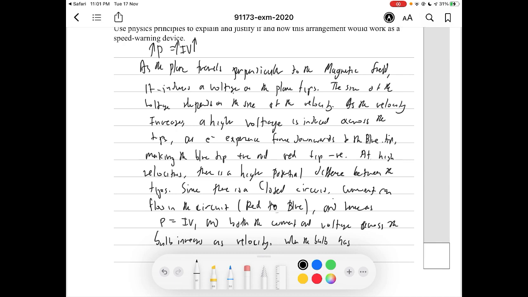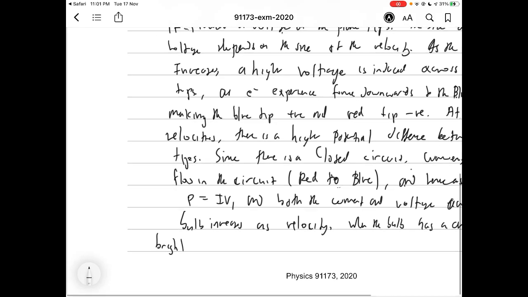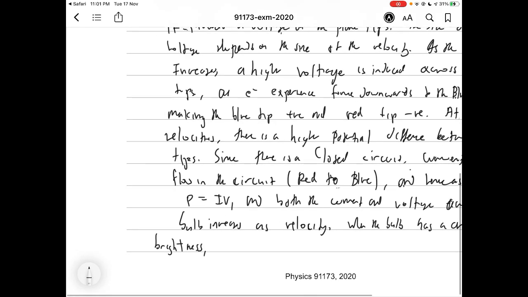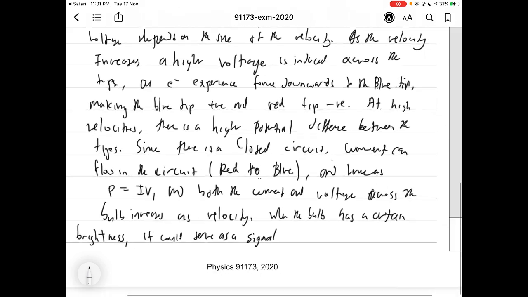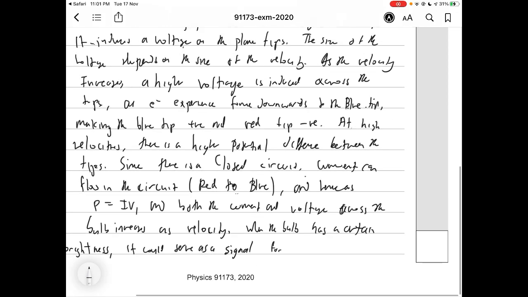So when the bulb has a certain brightness, it could serve as a signal for the speed limit, basically, and that's really it.